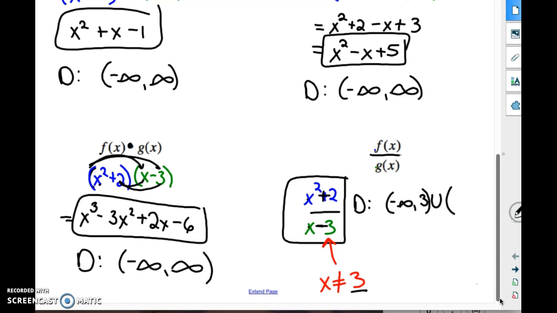So there's some kind of break or skip, and then we go from just barely the other side of 3 up to positive infinity. We had to have a, quote, funky domain because we have a fraction and the denominator can't ever equal 0.